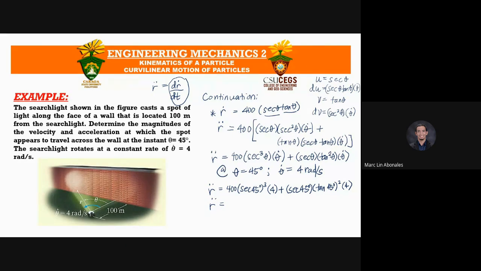Okay, wala man tayo secant sa calculator times 4 plus 1 over cosine 45 degrees na pod times tangent 45 squared times 4. O pila man na to ang r double dot. What's the value of our r double dot?